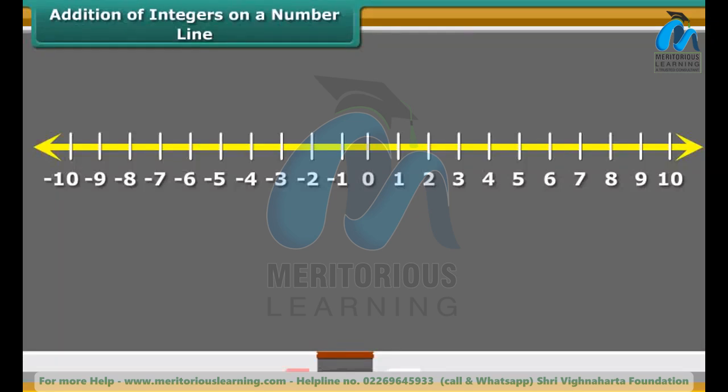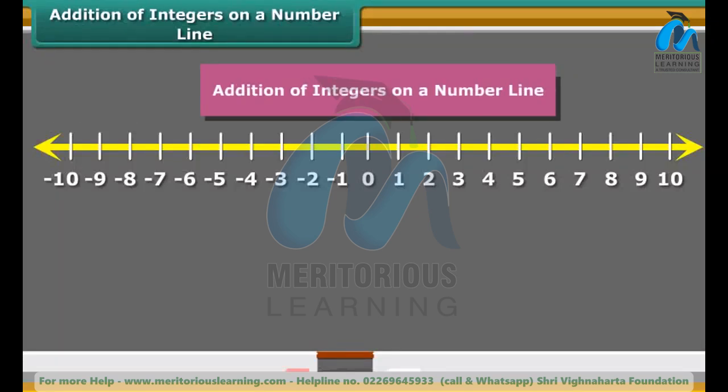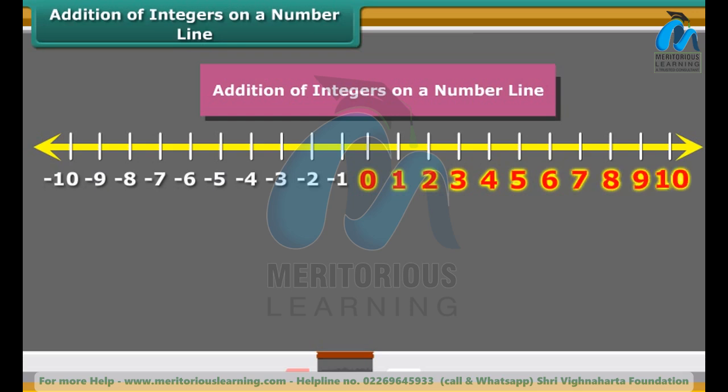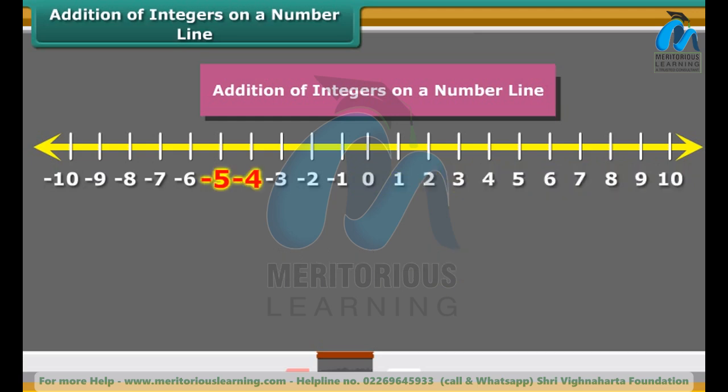Students, now we learn addition of two positive integers on a number line. If we add 6 and 4 on the number line, we first move 6 steps to the right from 0, reaching 6. And then we move 4 more steps to the right of 6 and reach 10. Thus we get 6 plus 4 is equal to 10. Let us add two negative numbers, -5 and -4, on the number line.